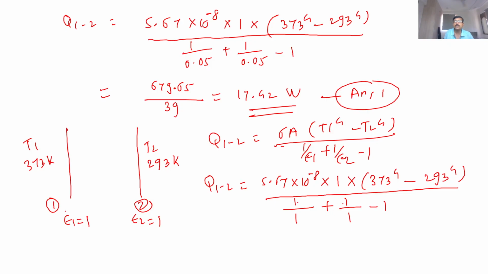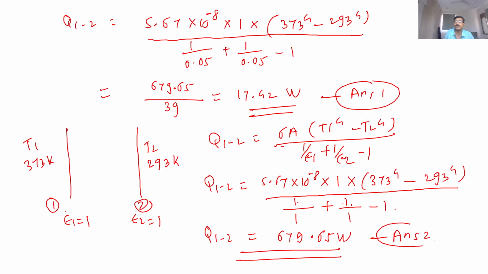So 1 plus 1 is 2, 2 minus 1 is 1. So only the numerator comes into the picture. If I calculate it, it comes to around 679.65 watt. So this is the case 2 answer. When both surfaces are assumed to be black, you will find the heat transfer rate is 679. But when emissivities are given, it is 17.42. You can see now.